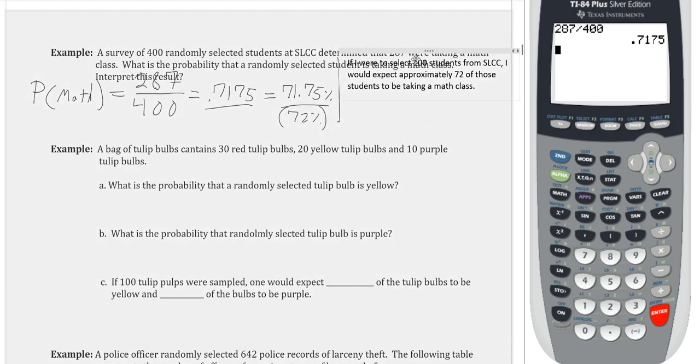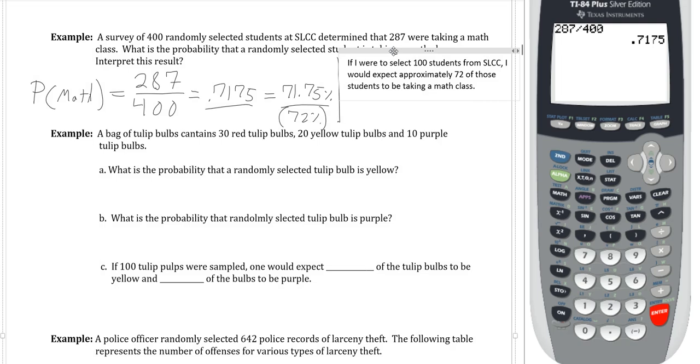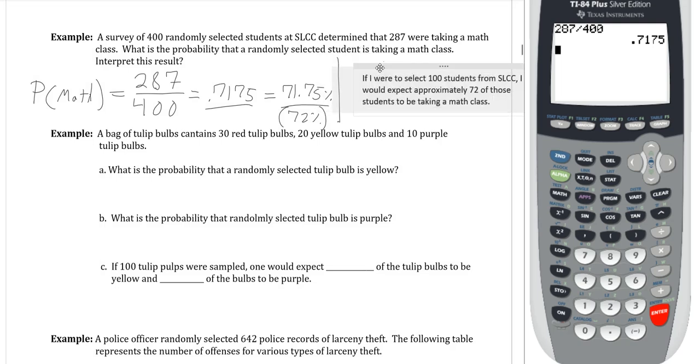So if I were to do something 100 times, how many of those times would result in whatever my quality is, which in this case my quality is taking a math class. You will see this show up a lot, and most of the time we are going to analyze percentage in this way.